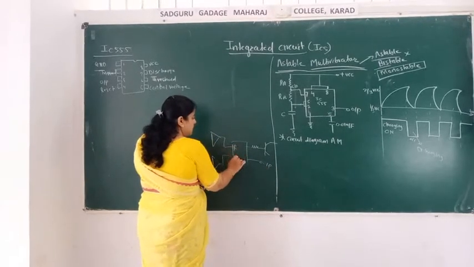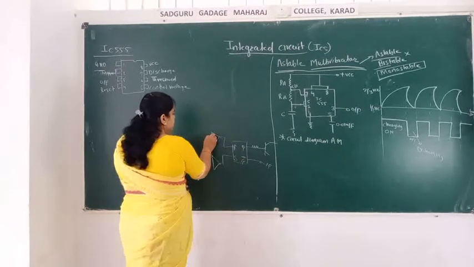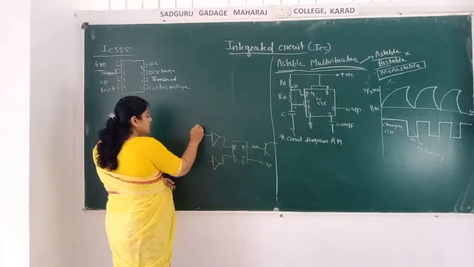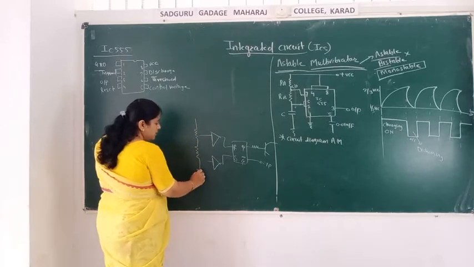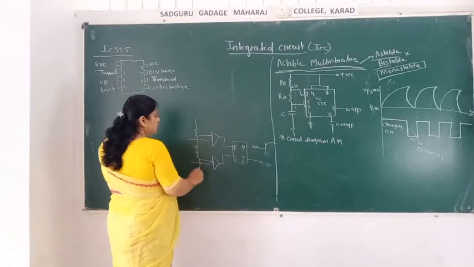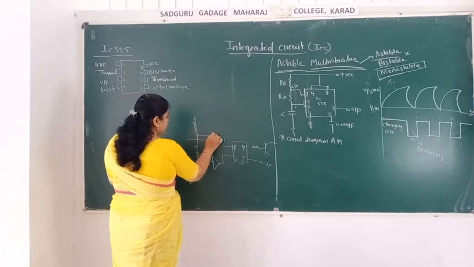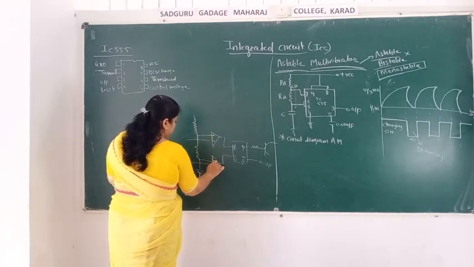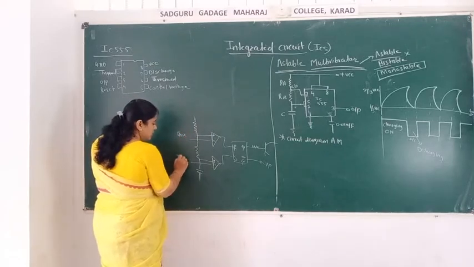This is the RS flip-flop, Q and Q bar are there. The two comparators are connected with the resistor divider circuit and this capacitor. So inverting and non-inverting terminals were there. It is a threshold and it is a trigger.